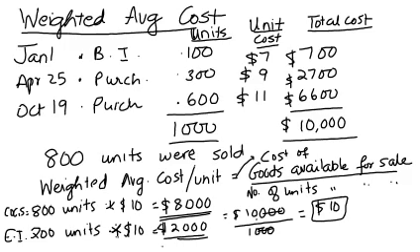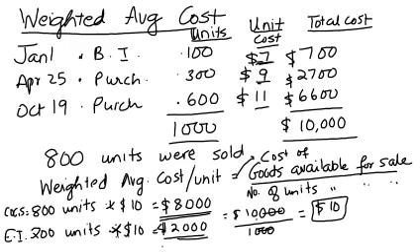Now the important thing to note here, the most tricky thing about weighted average cost, is the average should not be done across 7, 9 and 11. We should not take 7, 9, 11 and just do 7 plus 9 plus 11 by 3. That is wrong.